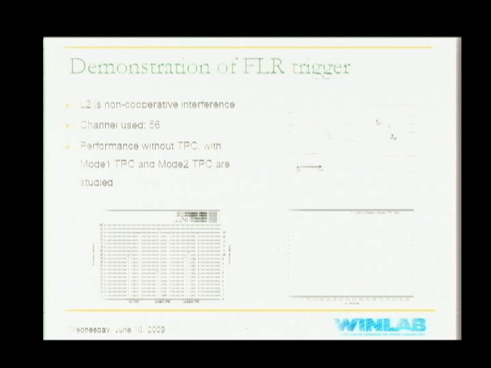Link 1 first uses maximum power, then uses RSSI based transmit power, and then uses RSSI and FLR based transmit power. So if they just use maximum transmit power on both links, they share the channel, and the aggregate throughput is around 120 Mbps, which is 60 plus 60 here.